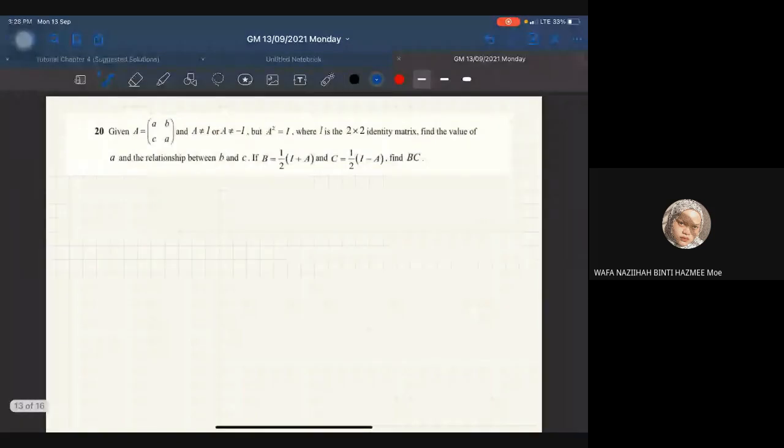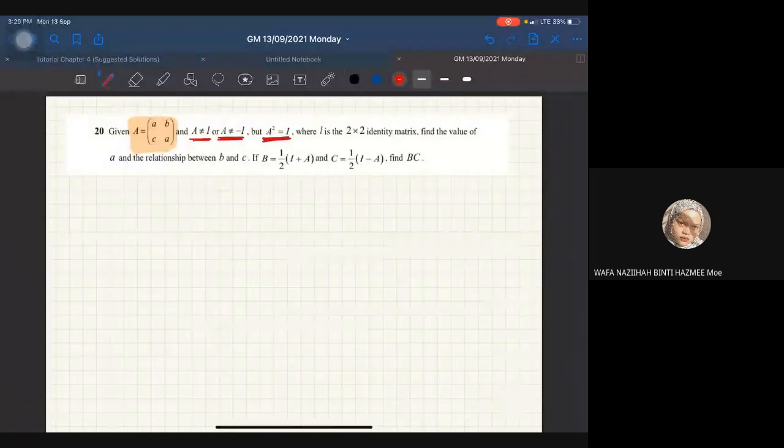Alright, so question 20, dia cakap kat situ, given that matrix A equals to A, B, C, E. So this is the information that we have. Okay, and then dia cakap kat sini, A does not equal to identity and A does not equal to negative identity, tapi A squared is equals to identity.